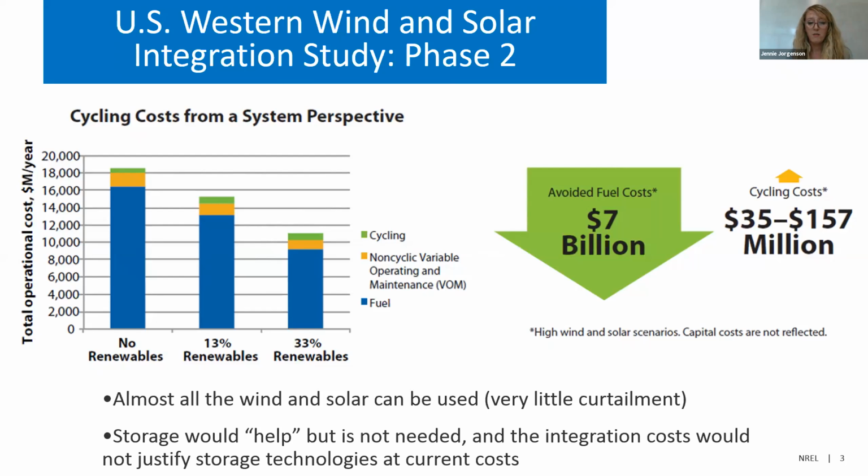The study also found that at those levels of penetration, very little curtailment of VRE was necessary, meaning that the grid could accommodate that much VRE without additional sources of flexibility, just by using inherent flexibility that already exists on the grid.